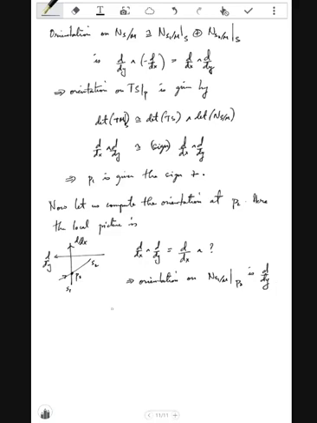Next, let us compute the orientation on N S2 over M restricted to P2. So for that we have d by dx wedge d by dy is equal to, so the tangent bundle of S2 is given by lambda 1 d by dx plus lambda 2 d by dy. So here lambda 2 is negative and lambda 1 is positive.